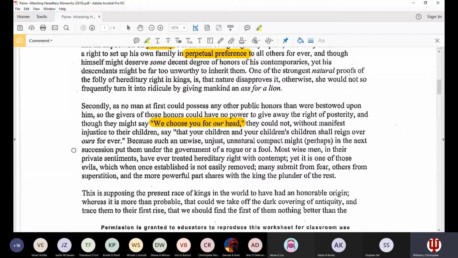He's basically saying it's a situational circumstance where if we pick someone to be the king, it's not automatically assumed that their children should be our king just because of that original circumstance. So it should not be continuing down the line automatically because that's not what the original people would have intended if they chose someone to be the king. And we're going to get into the reasons and how people are chosen to be a king originally. Okay.